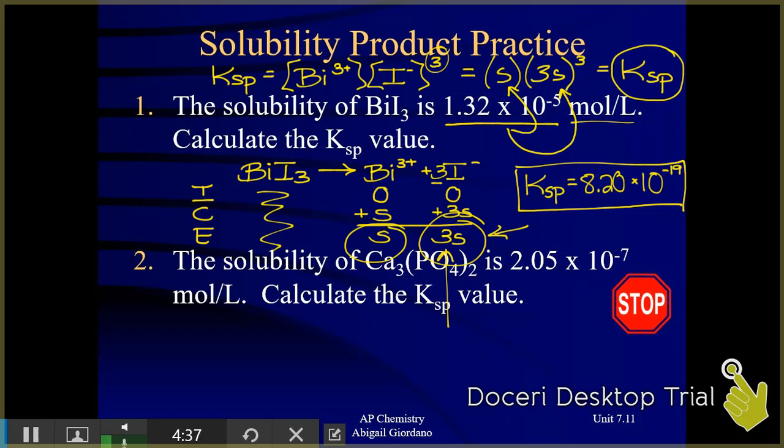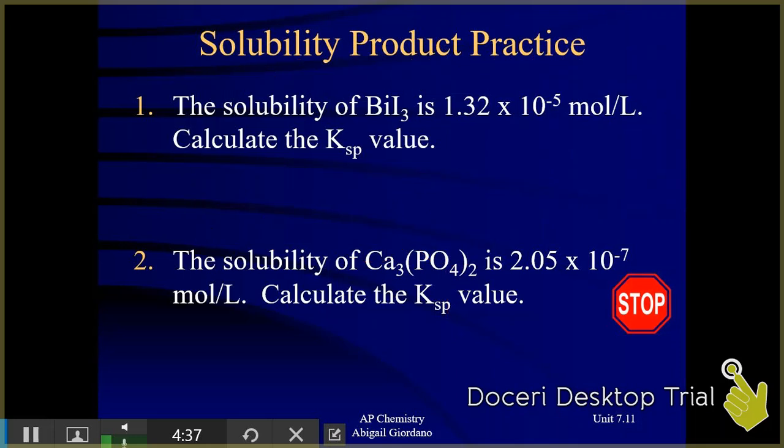We don't care about the solid. The 2 ions are initially starting at 0. You set up your ICE table and then set up your Ksp expression and plug that solubility in anywhere that you see the letter S. I'm sorry that was so squished up and a little bit messy.